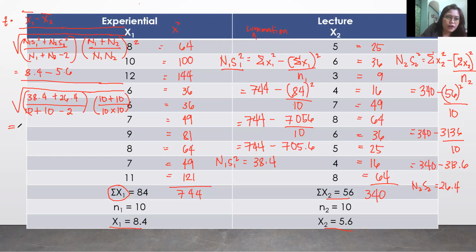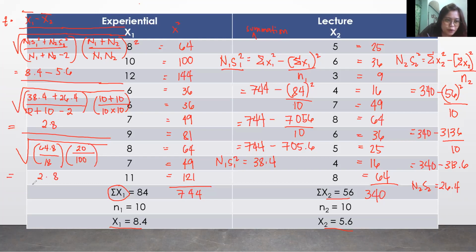So 8.4 minus 5.6 it's 2.8 divided by the square root of 38.4 plus 26.4, it's 64.8 divided by 10 plus 10 minus 2, 20 minus 18, that's 18, times 10 plus 10, it's 20, divided by 10 times 10, it's 100.